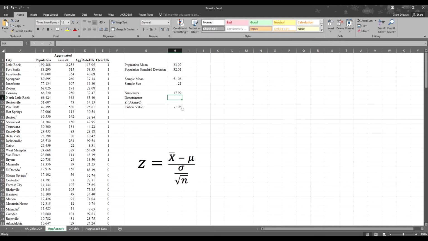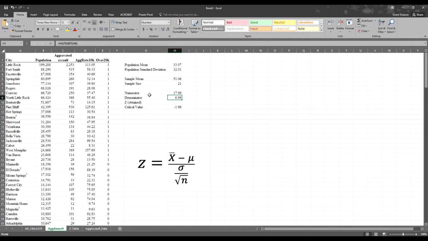So here we have our population standard deviation of 32.01 divided by the square root of our sample size, which is 21. Hit enter and we get 6.98. I'm going to just reduce the decimal places there.